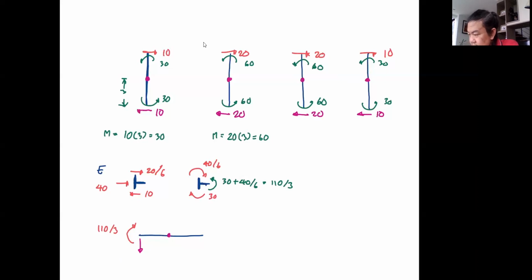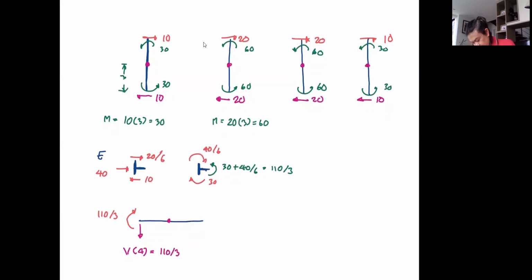So here we have V. It's a first beam, so the length is 4. V multiplied by 4 is going to be equal to the moment, which is 110/3. Now you have this divided by 4, so it becomes 55/6.